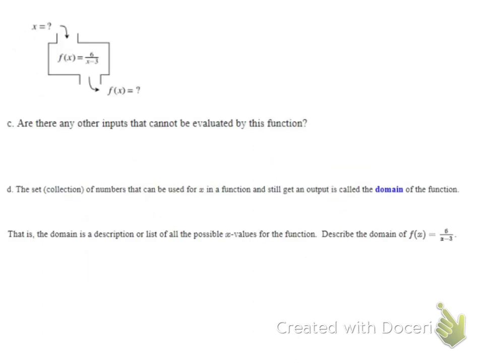I brought over the function machine and we want to take a look at C. Are there any other inputs, so x values, that cannot be evaluated by this function? Okay, so what I want us to do is a little bit of guess and check. We've already plugged in a negative number, -3, and that worked out fine.